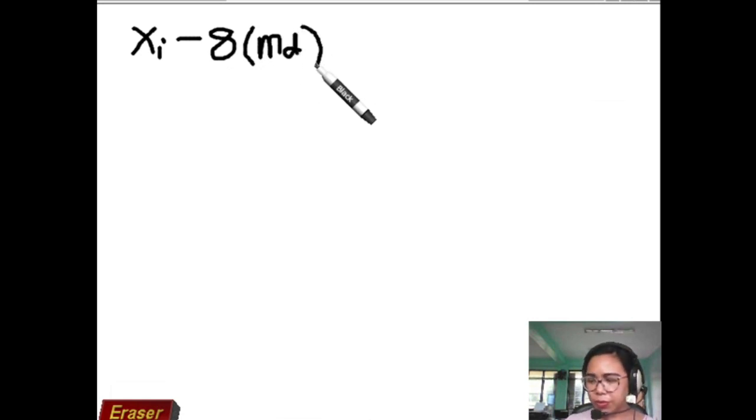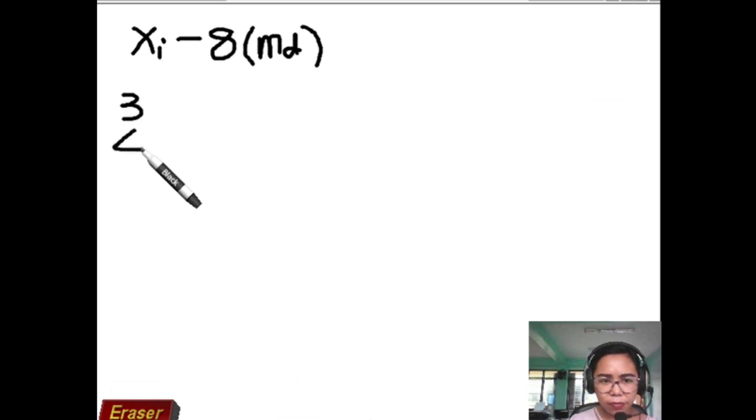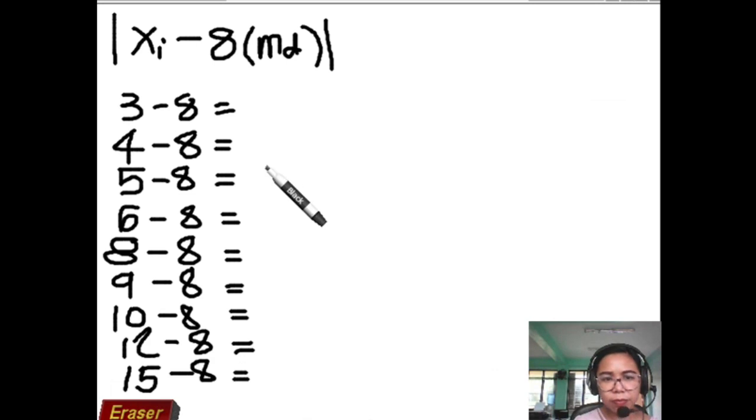So we have 3, 4, 5, 6, 8, 3, 4. So 3 minus 8 is 5. We will not use negative 5 because we are getting the absolute difference.